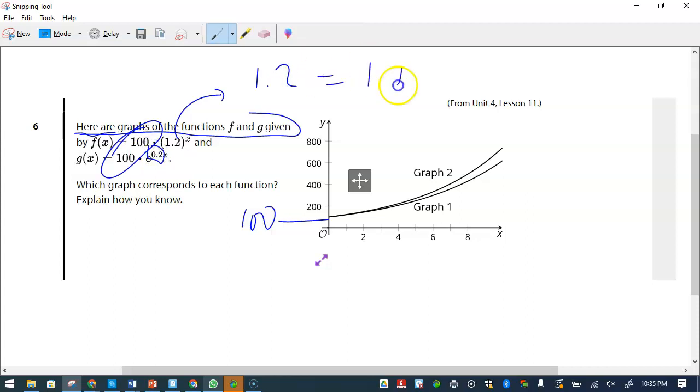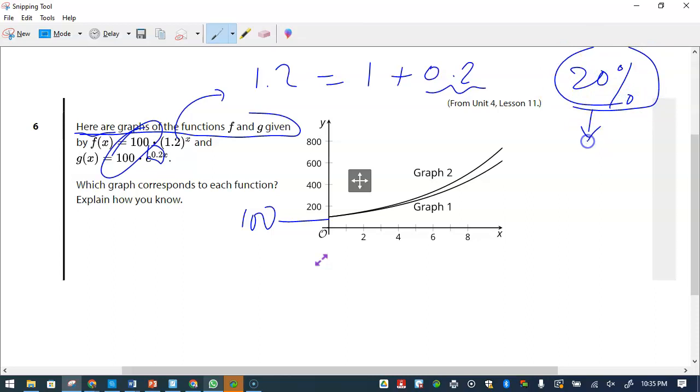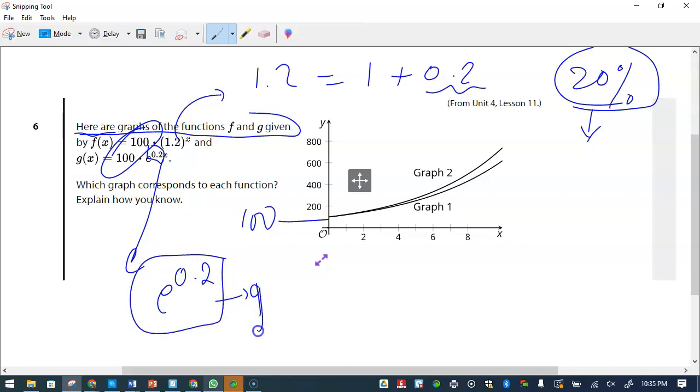This means it is 1 plus 0.2. This means it is 20%, right? So the growth rate is 20%, but the second one is e raised to 0.2. That's the growth rate. So basically this one means it's continuously calculating every moment.